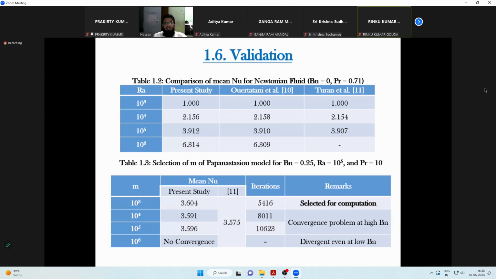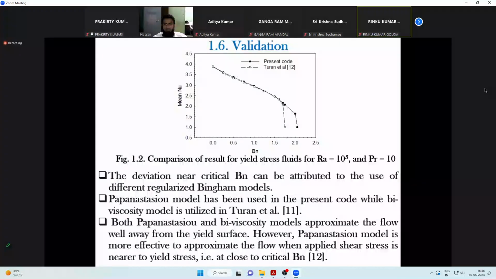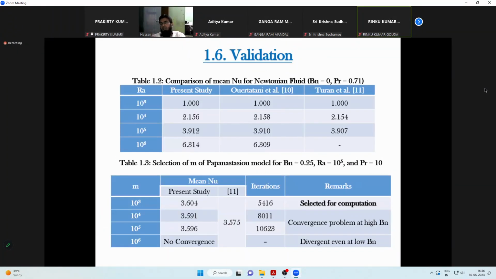We did it for a wide range of m, from 10 to the power 3 to 10 to the power 6, and ultimately we settled on 10 to the power 5, because between 10 to the power 4 and 5 there was hardly any difference, and because of divergence at an ultra low Bingham number of 10 to the power minus 6, we avoided that one. One thing to be taken into consideration here is that the regularization parameters have a significant effect on the number of iterations required to obtain convergence.